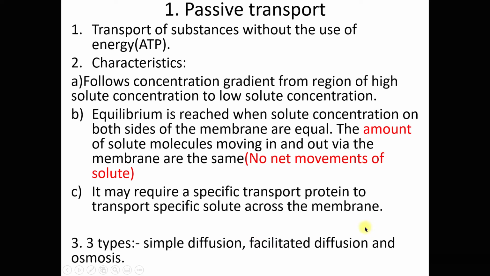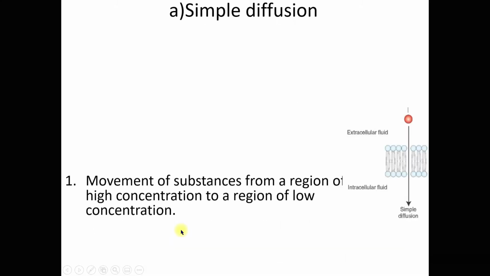If it does not need a specific transport protein, it is simple diffusion, and also osmosis. So there are 3 types of passive transport: simple diffusion, facilitated diffusion or facilitated transport, and osmosis.